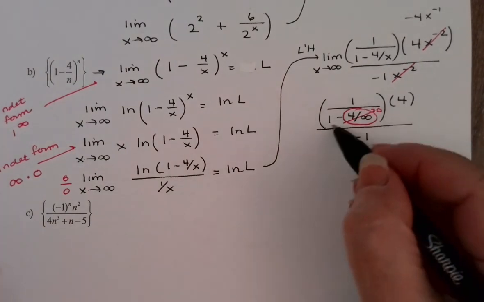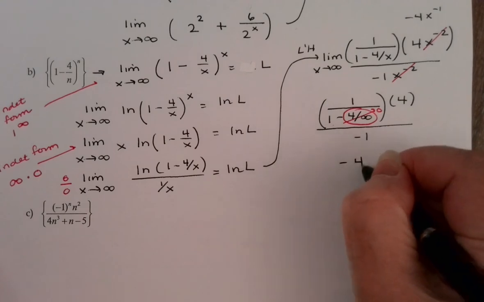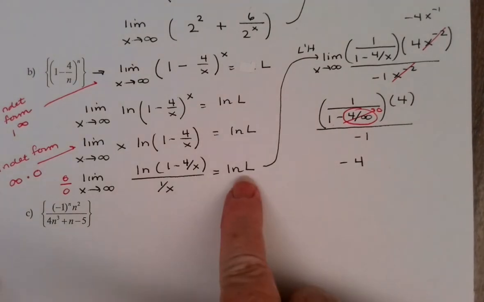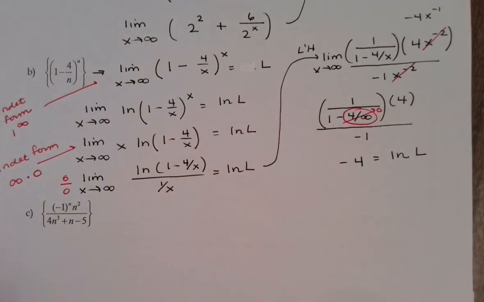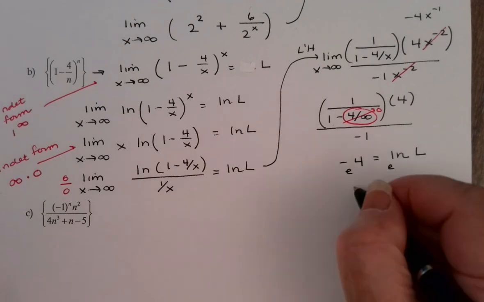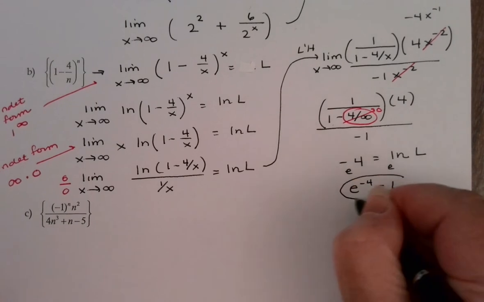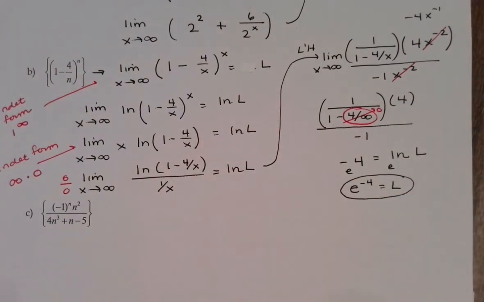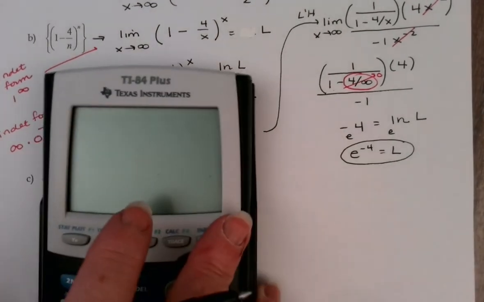So I've really just got 1 times 4 is 4, divided by negative 1 is negative 4. But remember, that is the natural log of the limit. So I would exponentiate both sides, and my actual limit is e to the negative 4th. A little more to that one. Let's try that out with a graph.